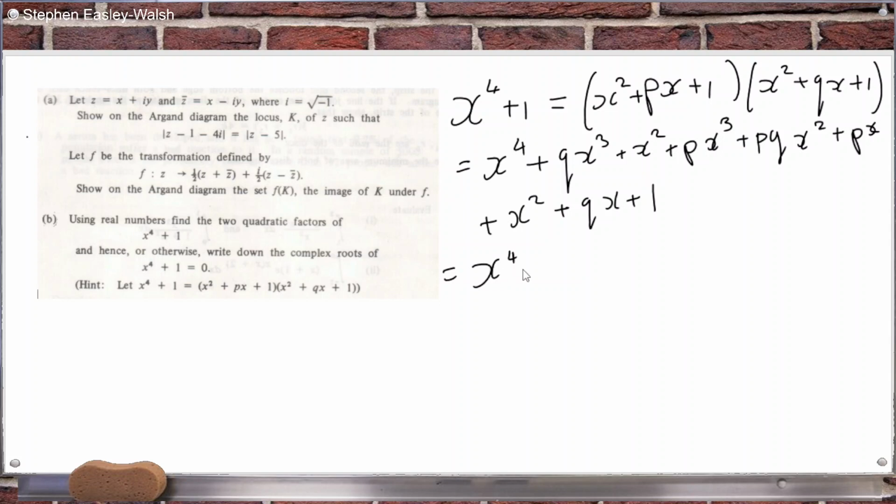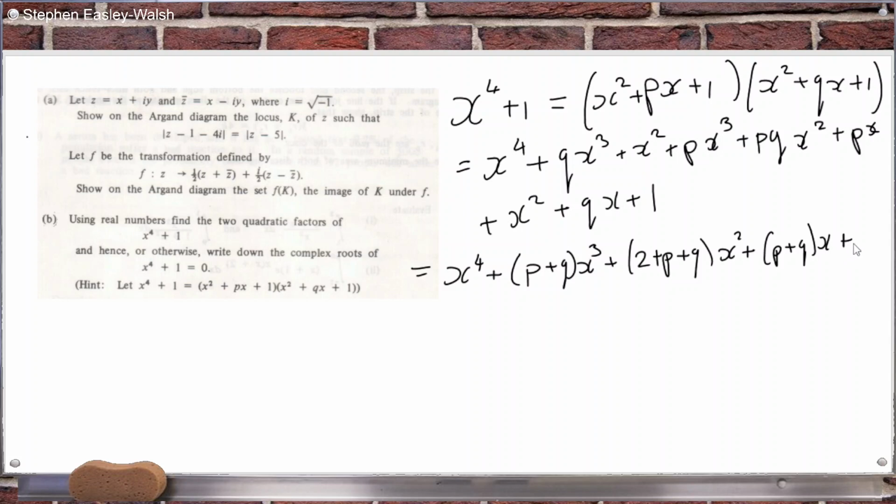So that's equal to x^4 plus (p plus q)x cubed plus (1 plus pq plus 1), so 2 plus pq, x squared, and then the x is px plus qx. Equals x^4 plus (p plus q)x cubed plus (2 plus pq)x squared, and then the x is q and p, plus (p plus q)x plus 1.